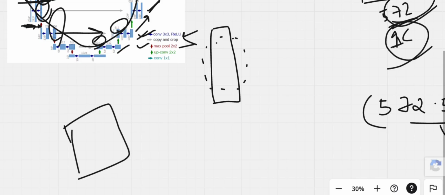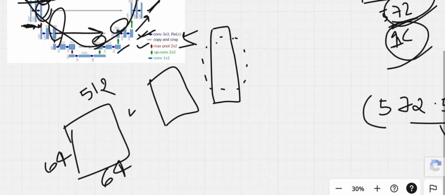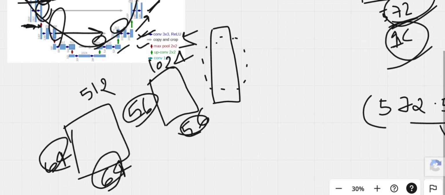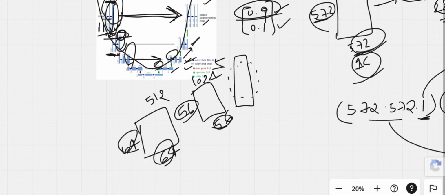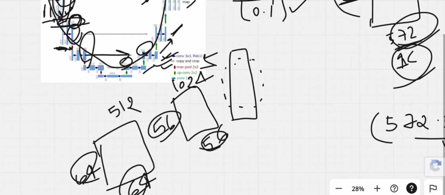Let's say our image was of dimension 64 by 64 with a number of channels being 512, and the other one of dimensions 56 cross 56 with the number of channels being 1024. If we want to use a skip connection, these spatial dimensions must match, right? If these are different, we can't. So copy and crop solves this problem. This is why we use copy and crop.